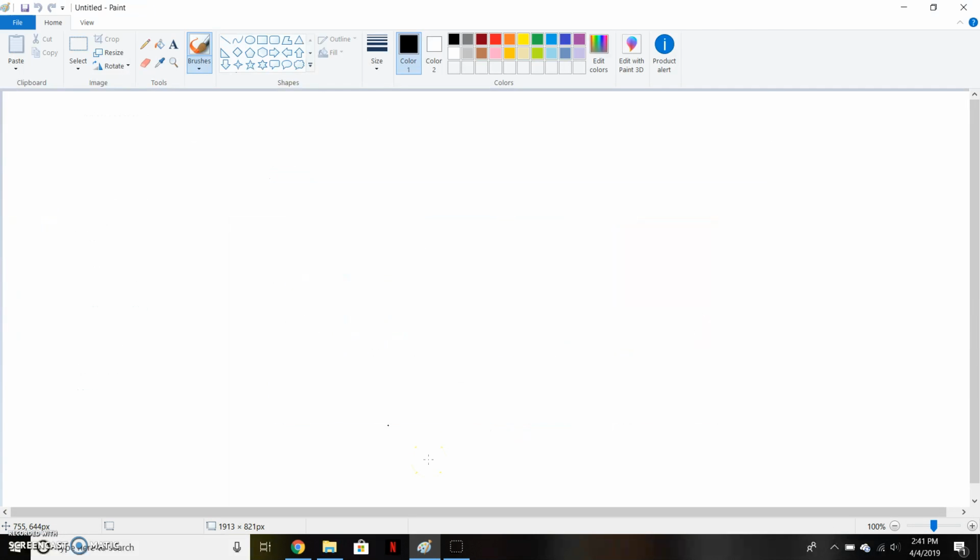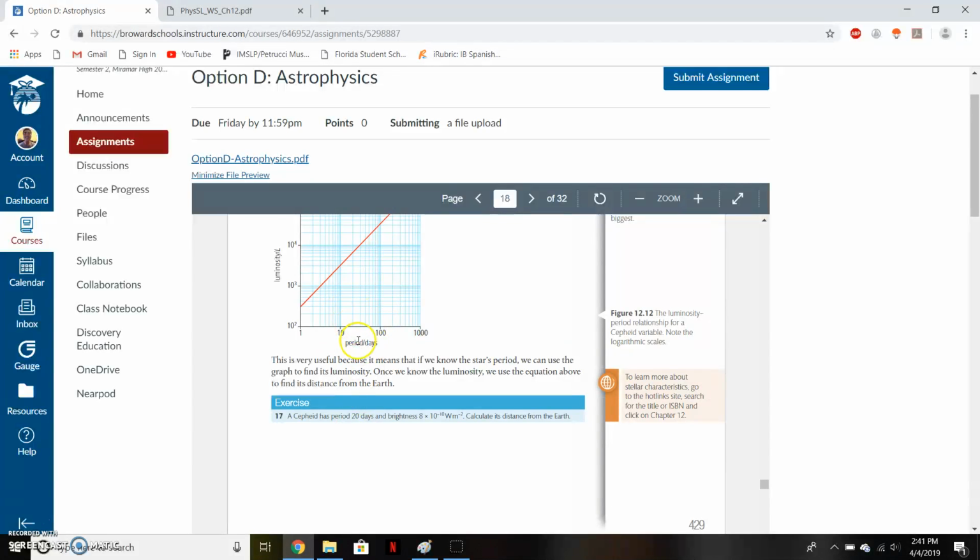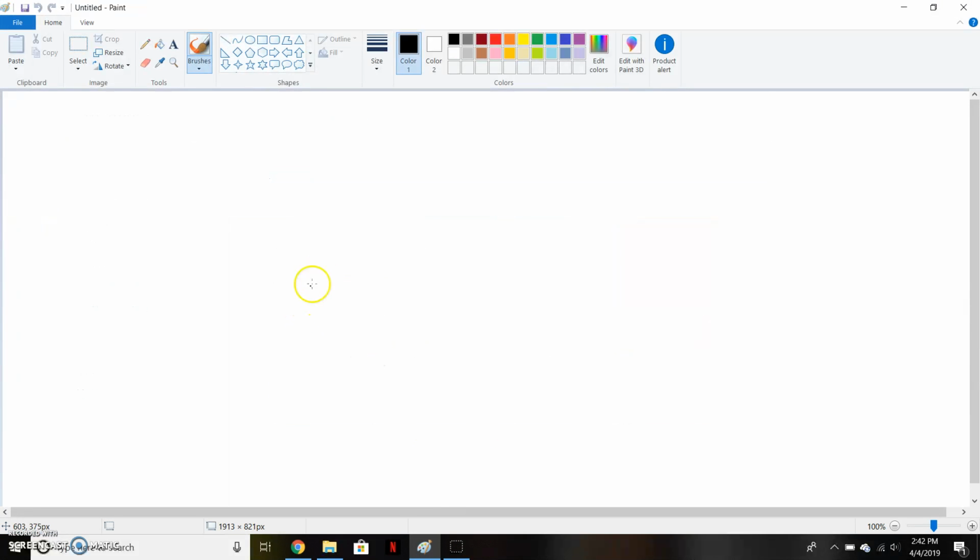We know that it's 20 days, so if we look at the graph, this is 10, and then this would be 20, and 20 is right around here. So that's 1, 2, 3, 4, that's like 6 times 10 to the third.